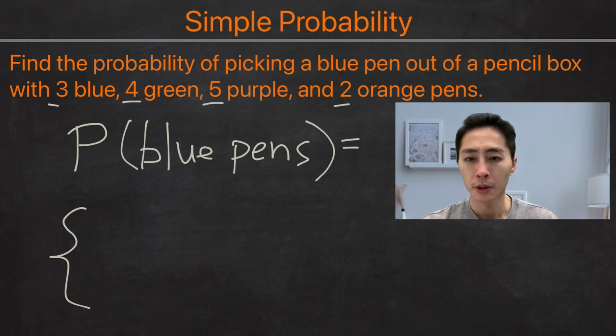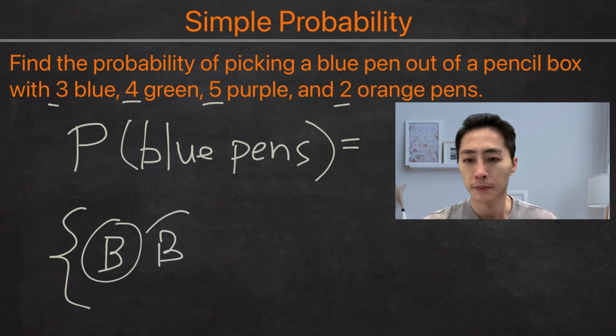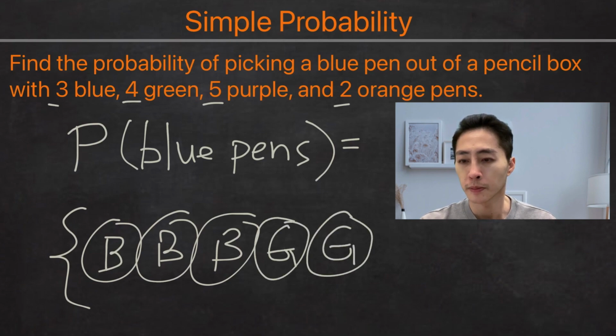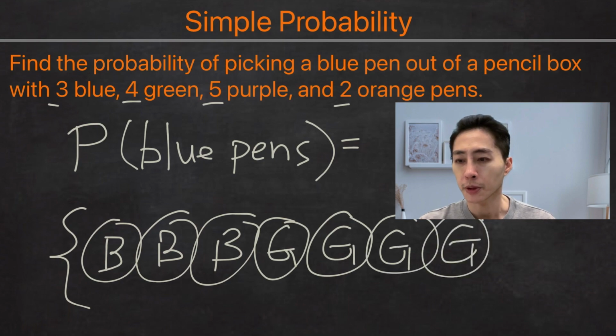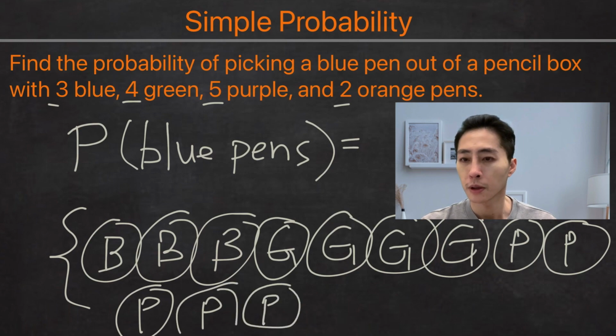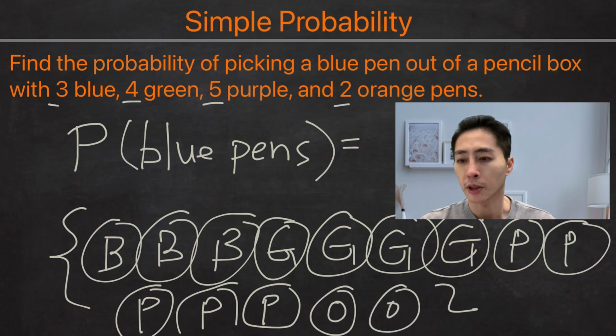We have 3 blue, so we're gonna put B for blue, 4 green, 5 purple. Okay, running out of room here. And 2 orange. Okay, so that's the potential outcomes.